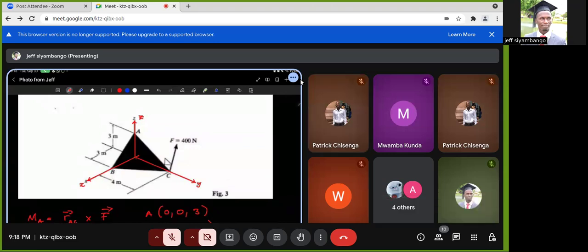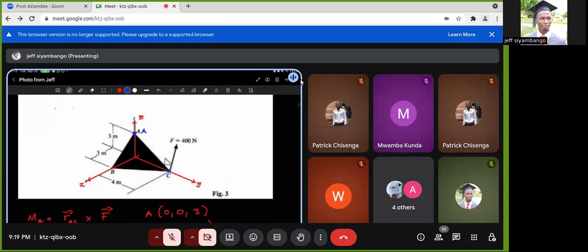The point A is right along the z-axis. Since it is on the z-axis, then clearly x is 0 there and y is 0 there.